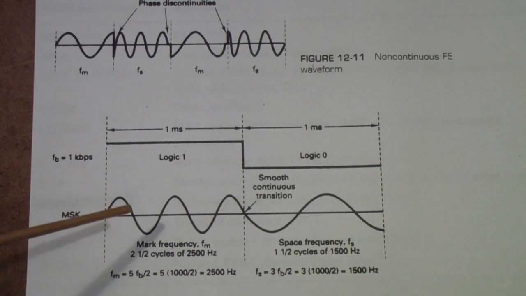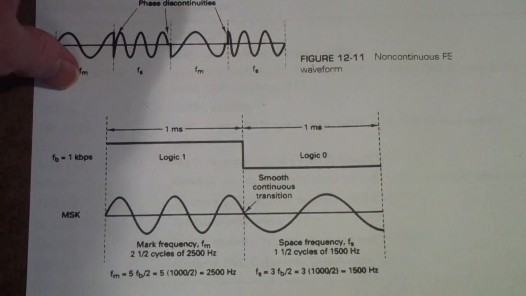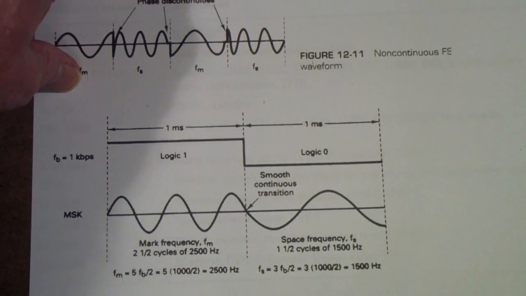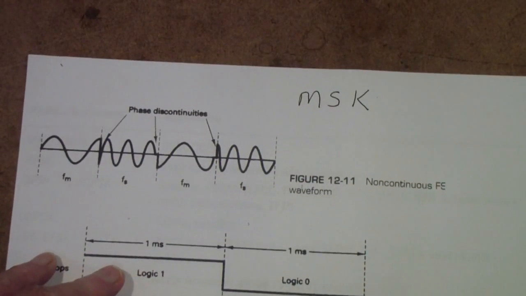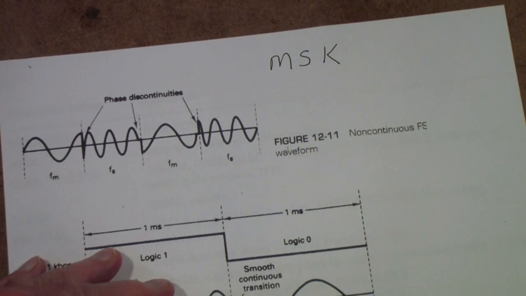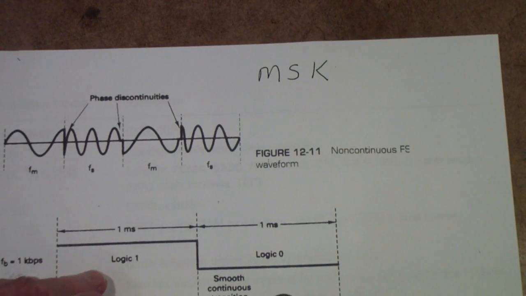Now, to do that, these two signals have to, of course, be derived from a common oscillator, or at least be linked together by some method. So we're going to look at MSK in a second, and how it looks on the constellation diagrams.